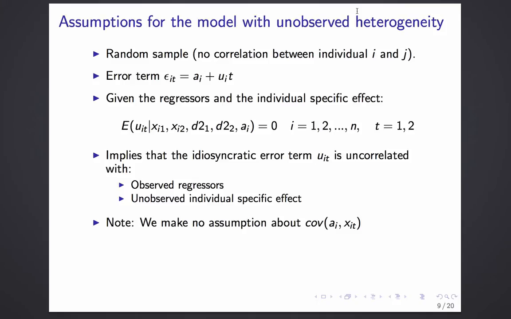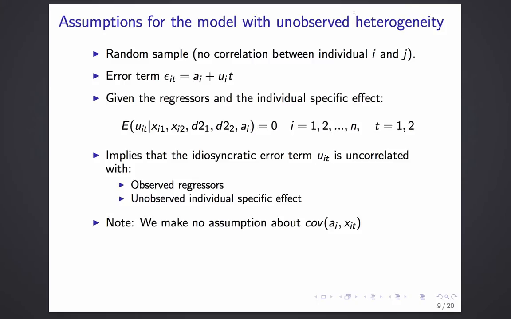On the other hand, it could also be uncorrelated. We haven't specified this correlation structure at this point. However, if we think that unobserved ability, ai, is correlated with education, x, then we know that OLS will be biased and inconsistent. Or put differently, education is an endogenous regressor.